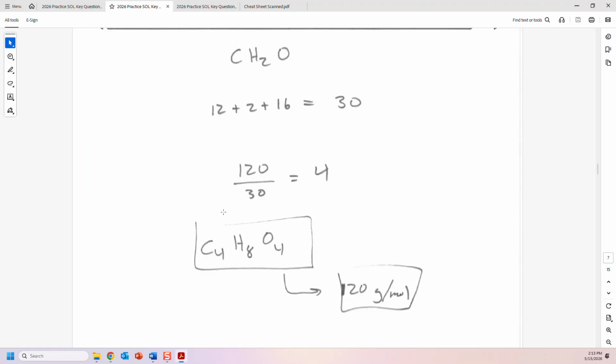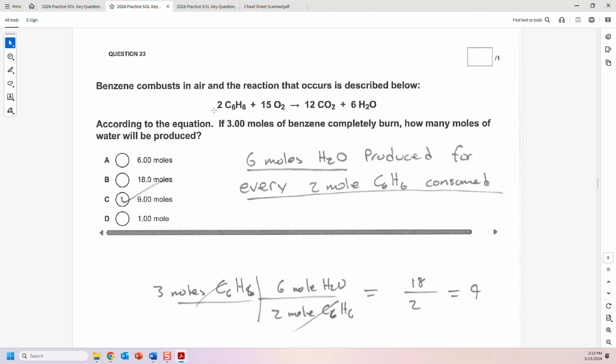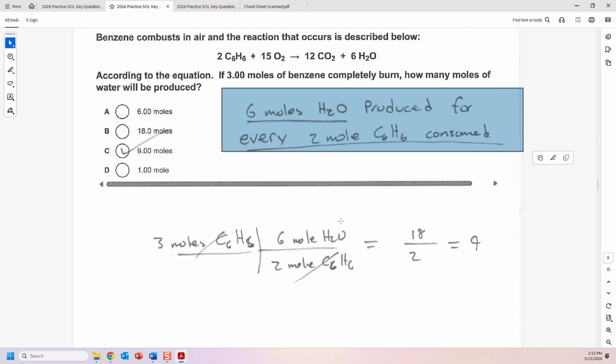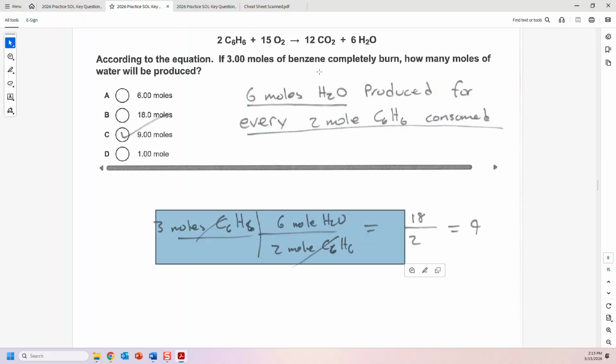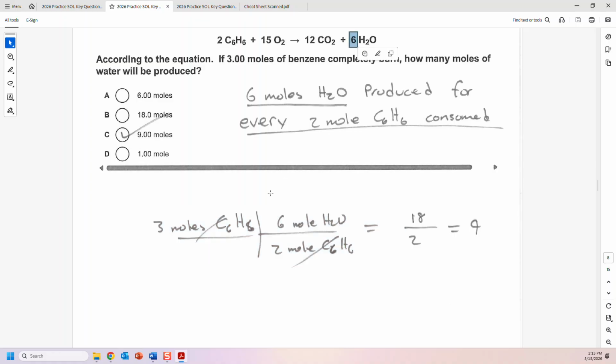But if we go back to the notes, if we want to see it, that's how we interpret our recipe, right? We'll take 3 moles of benzene, and multiply it by the coefficient of the thing we want. So 6 moles of water go on top, and the coefficient of what we're looking for, 2 moles of benzene go on the bottom. That cancels out moles of benzene and gives you moles of water. Okay, so it ends up being 18 divided by 2, so 9.